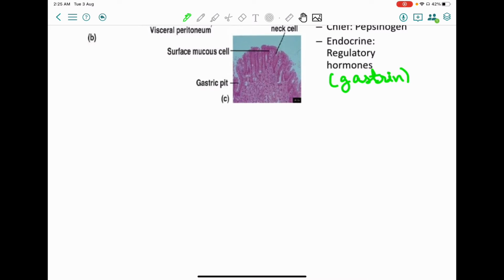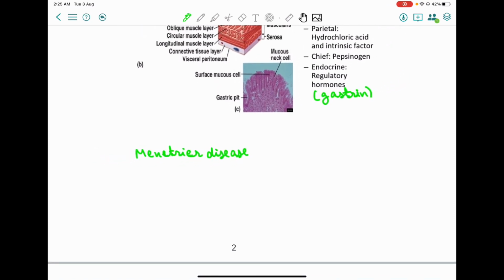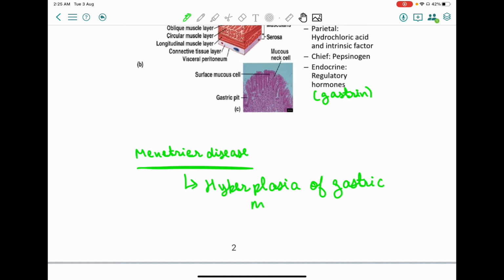There is a disease called Menetrier disease. What is it? It is hyperplasia of gastric mucosa.